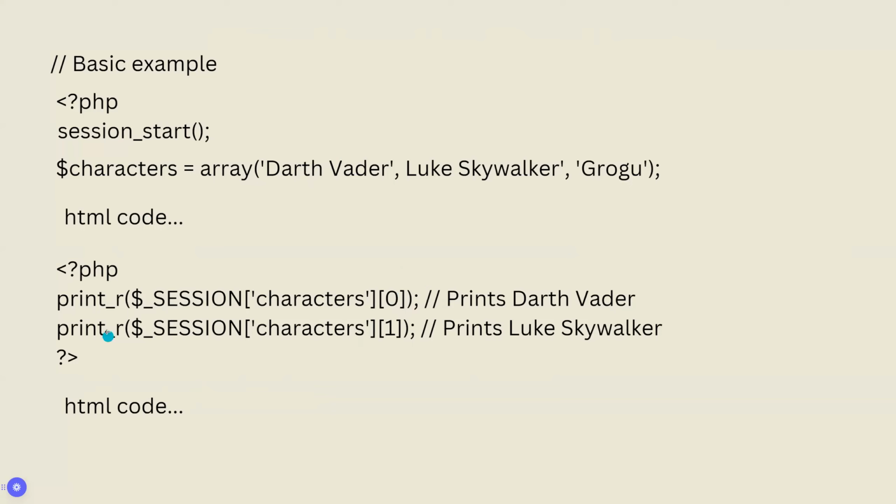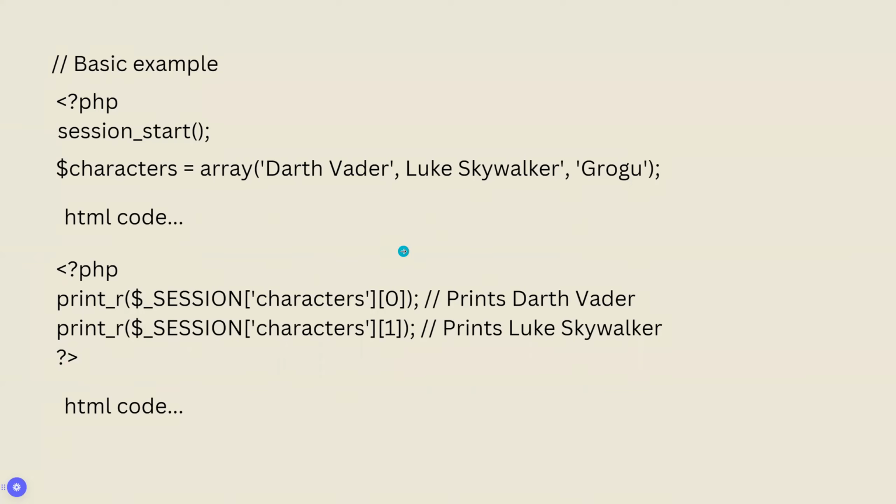For the second example, same scenario, print_r session characters, and now 1, because you remember in coding, the array starts with 0, 1, 2, and not 1, 2, 3. So this one will print out Luke Skywalker. This is in between HTML code, and if you notice, I also added the PHP code blocks.